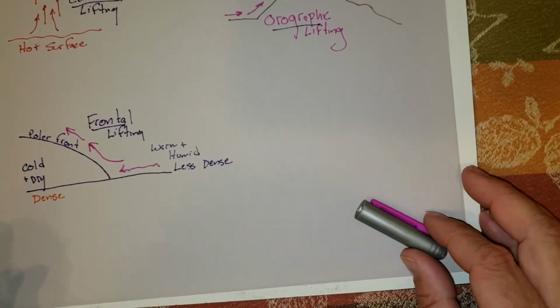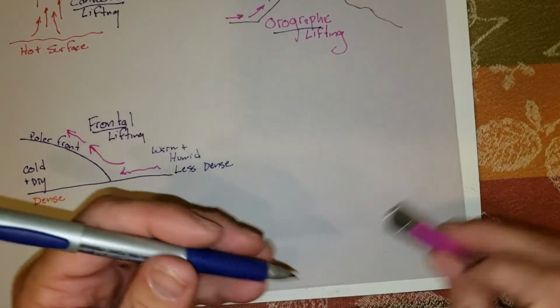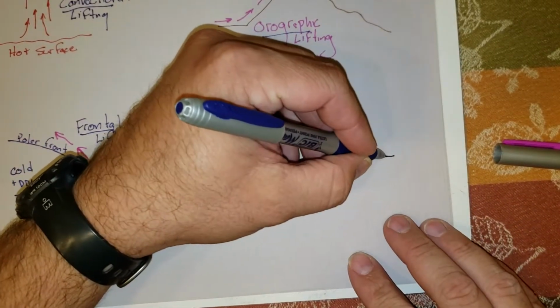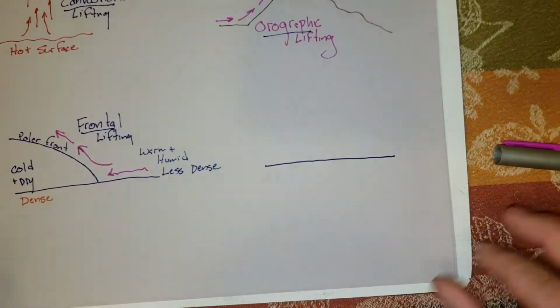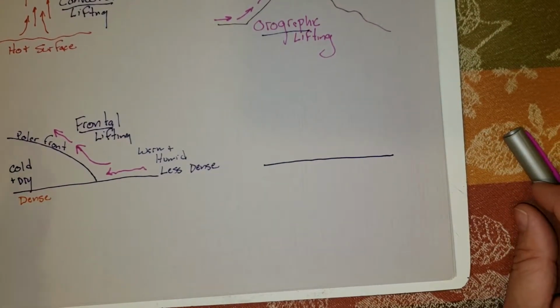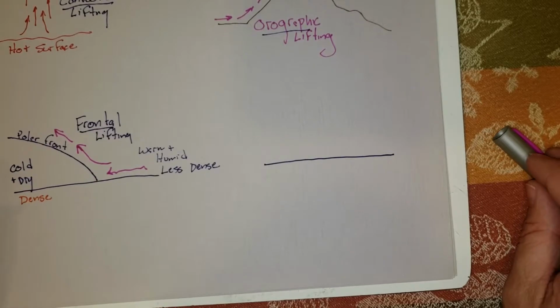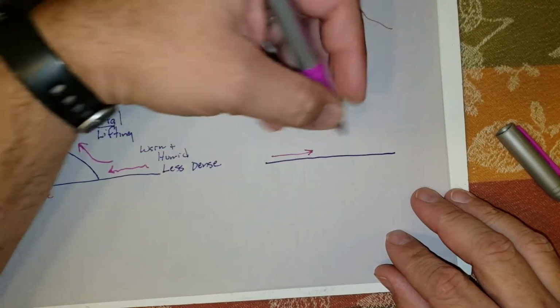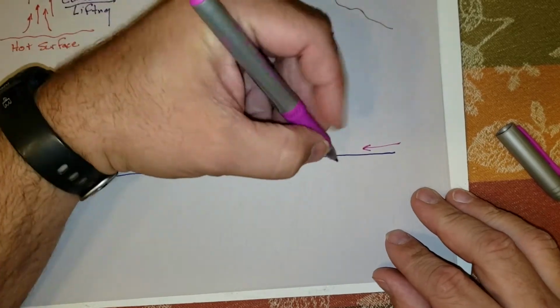There's one last one that we'll see in equatorial areas. This is going to be where we have very warm air from one location and warm air from a different location, mainly in the intertropic convergence zone. We can have air moving from one spot, air moving from another spot.